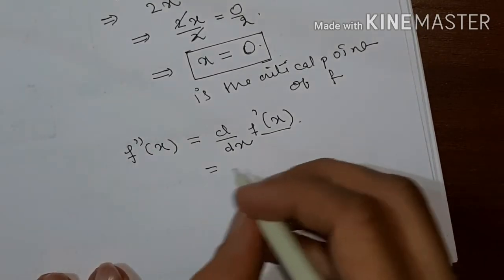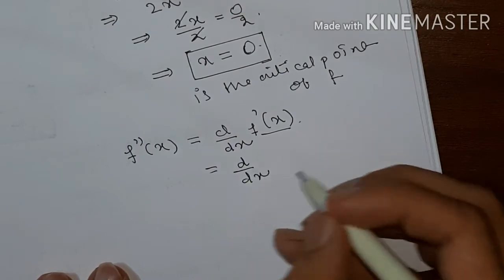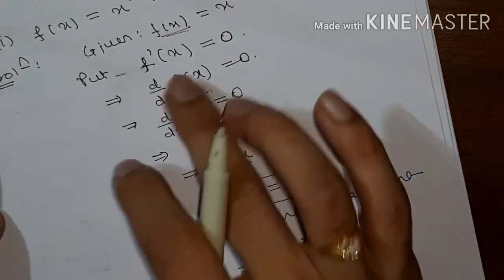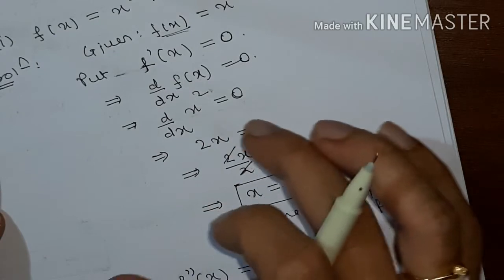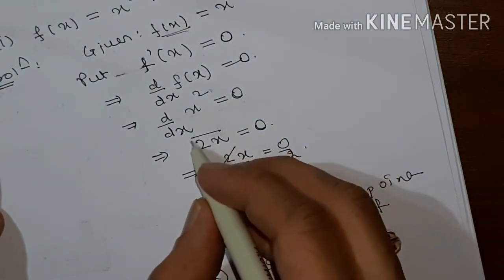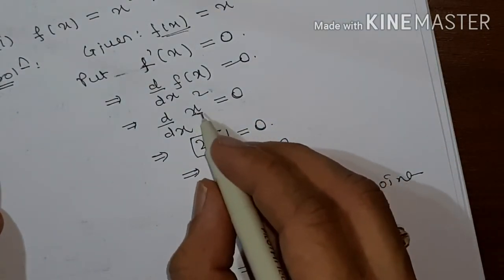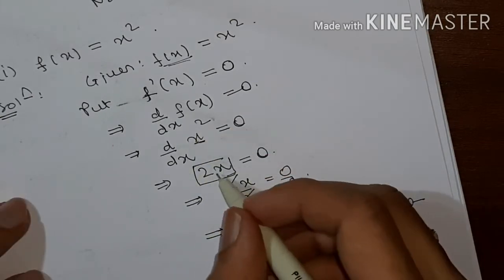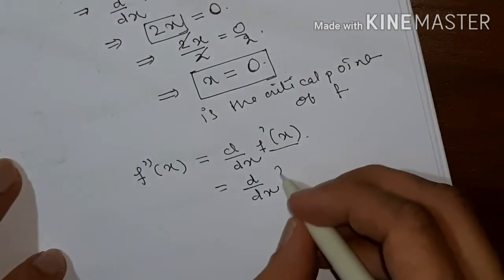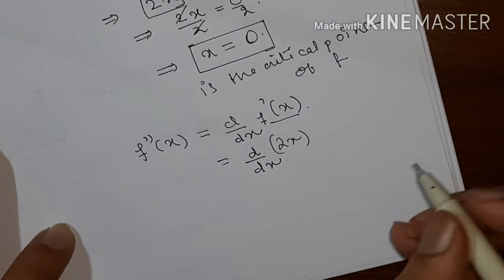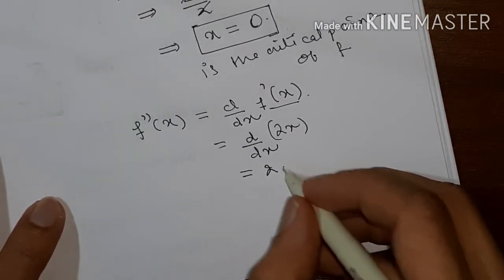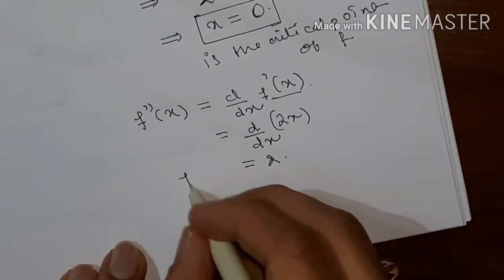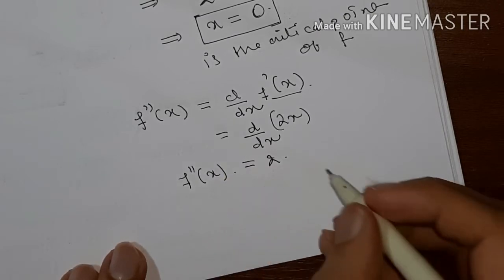So that is d by dx. Now what is f prime of x? f prime of x is this, 2x, the derivative of x square, right? So derivative of 2x you have to take. So that is 2, right? So f double prime of x is 2.